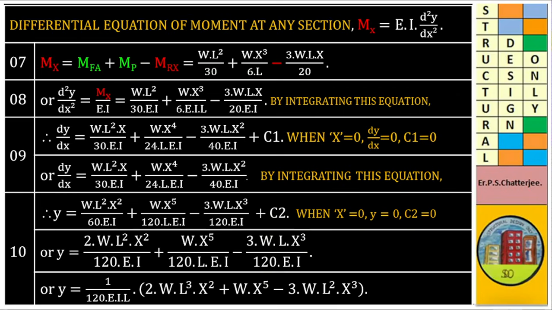Therefore the equation becomes y is equal to 2WL square into x square divided by 120 EI plus W x to the power 5 divided by 120 LEI minus 3WL x cube divided by 120 EI. Or y is equal to 1 by 120 EIL into (2W L cube into x square plus W x to the power 5 minus 3W L square into x cube).